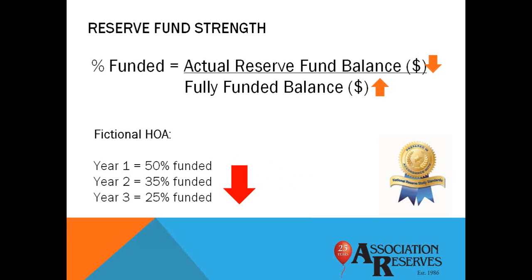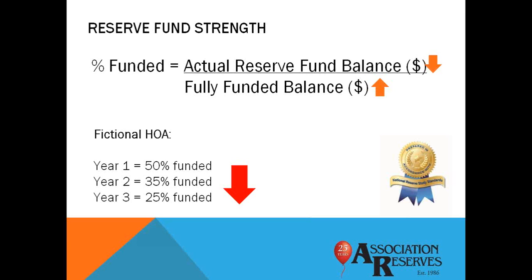Which brings me back to why reserve study updates are so important. But what happens in this story is that the board of this association decided not to follow the year one funding plan. That means for 3 consecutive years, the association was not setting aside reserve funds at the rate recommended in year one. So the reserve fund balance was not growing at the rate projected.